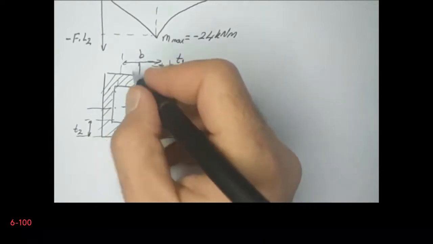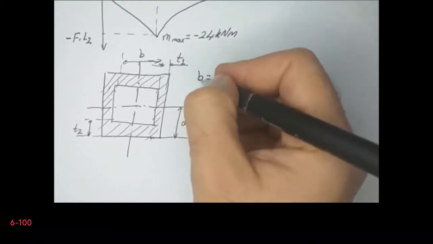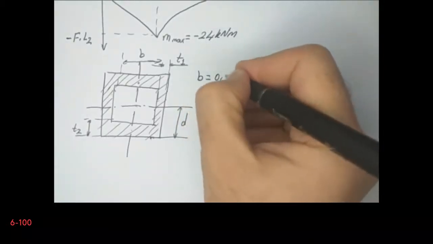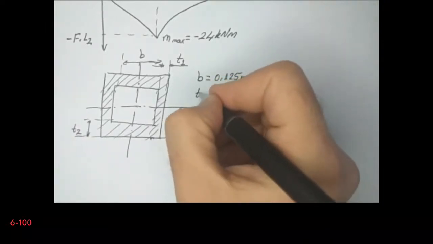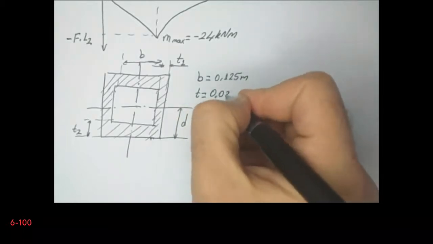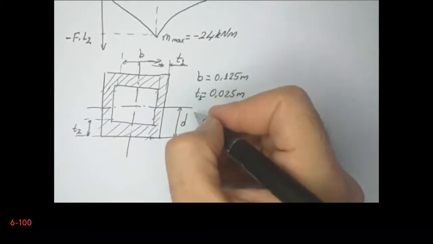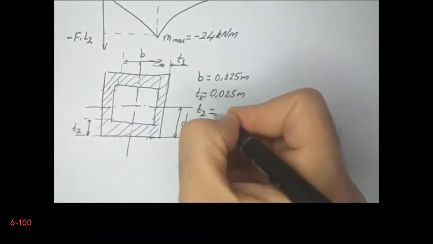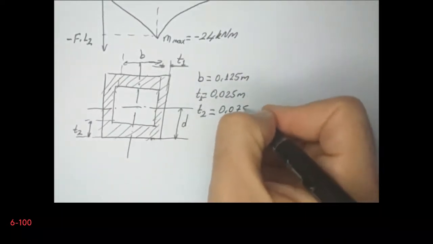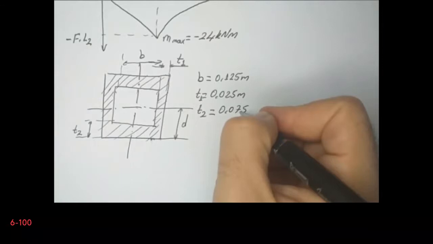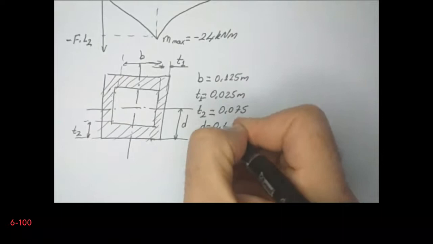So let's say that B is equal to 0.125 meters, T1 is equal to 0.025, T2 is equal to 0.075, and D is given as 0.45 meters.